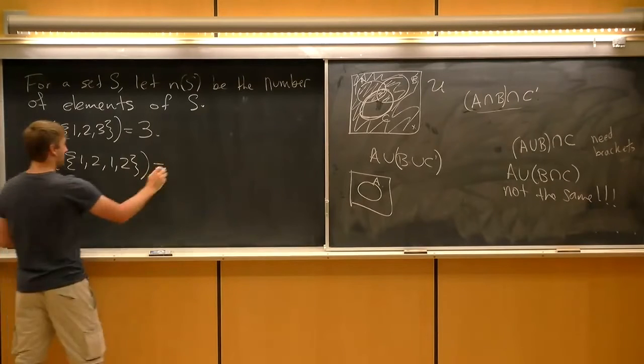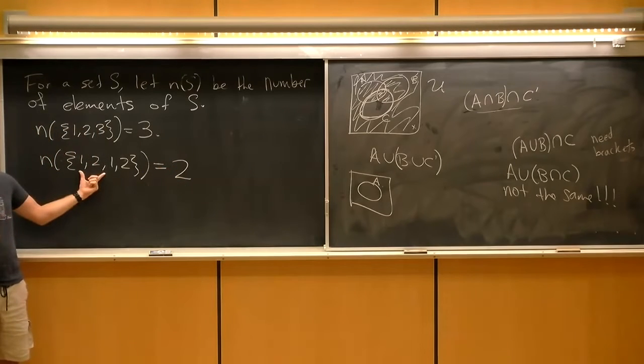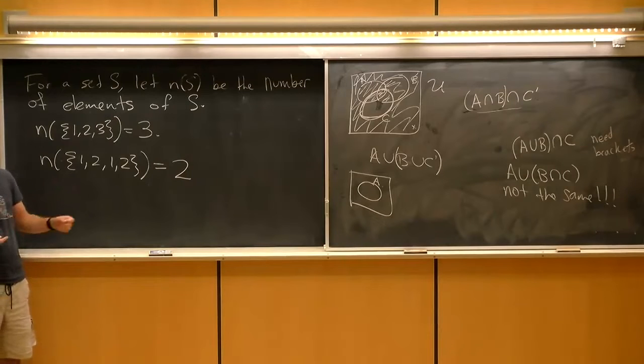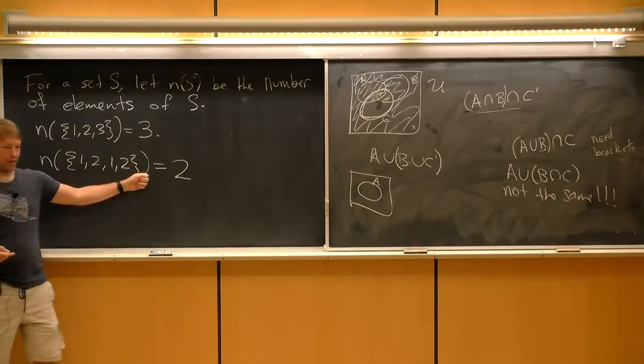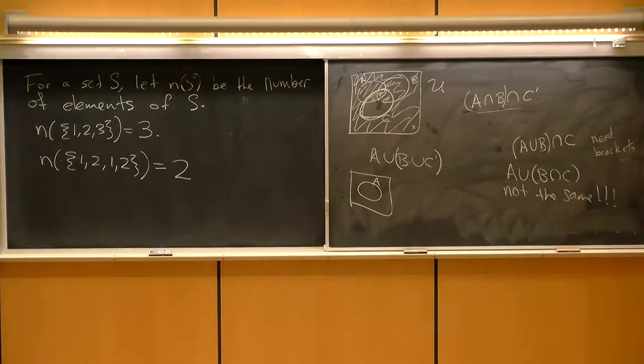There are two answers you might think would be correct, but the correct one is 2 because, like we said, duplication doesn't count. It looks like there's 4 things, but there's really only 2 because we don't count the duplicates.